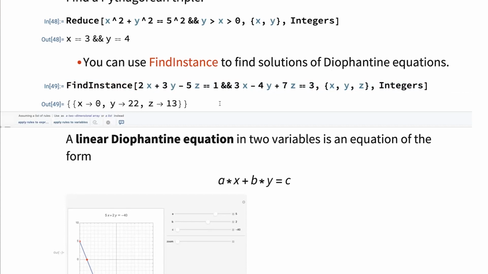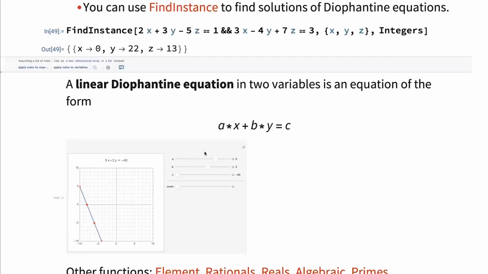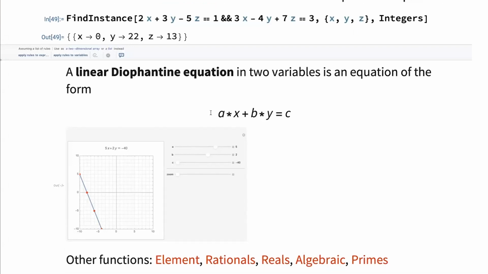The simplest Diophantine equations are linear Diophantine equations. A linear Diophantine equation in 2 variables is an equation of the form a times x plus b times y equals c, where a, b, c are integers, and we want to find integer solutions x and y. So what is it? A linear Diophantine equation is a line, and the solutions are the integer points that are on the line.